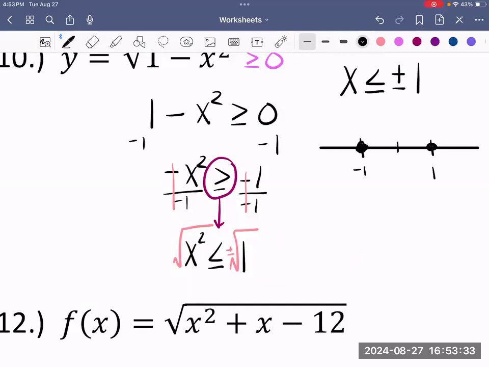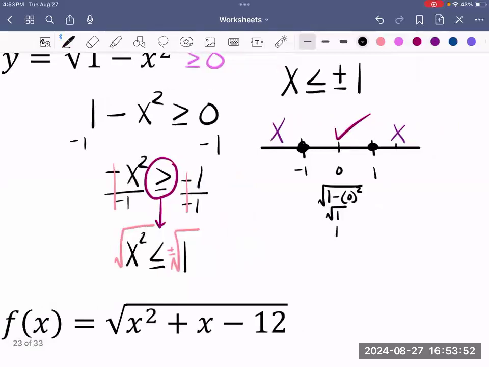So let's pick a number in between and let's test it. So let's do 1 minus 0 squared under a square root. So we're left with the square root of 1, which is 1. So that means inside is okay, which likely means that the outside values are not okay. So let's test it again. Let's do 2.